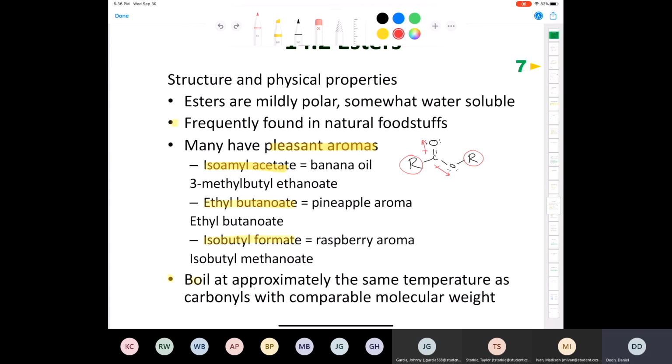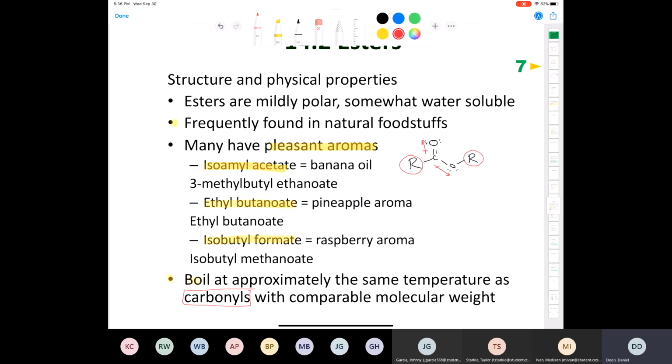Now, what were carbonyls? Does anybody remember what I meant by carbonyls? Isn't that carbons double bonded to an oxygen? Yeah, well, what specific type of compounds are called carbonyl compounds? There's two specific types of compounds when we talk about carbonyls.